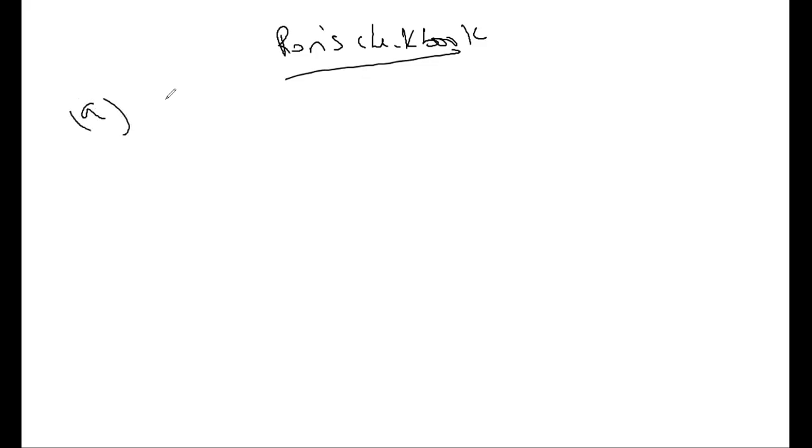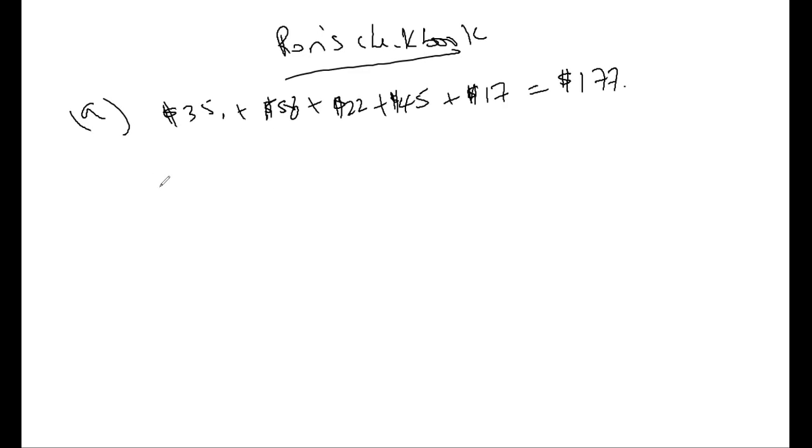For A, the answer would be the sum of the total here, 35 plus 58 plus 22 plus 45 plus 17. So how much is that? $177. So that's A.